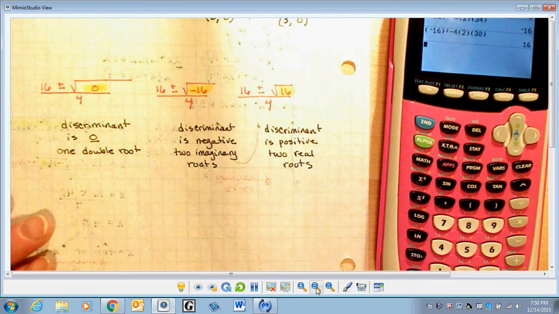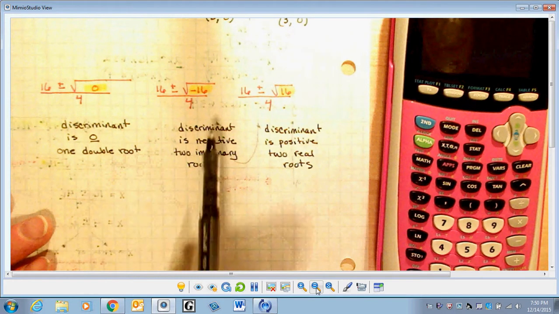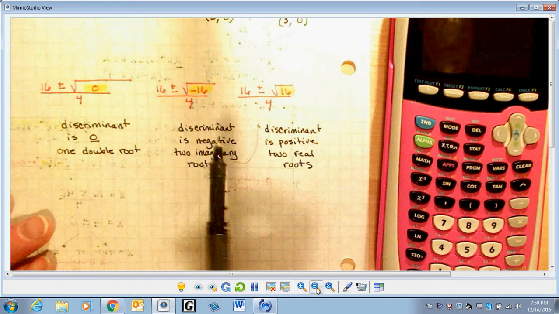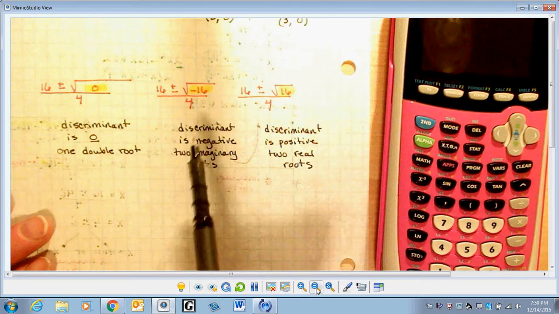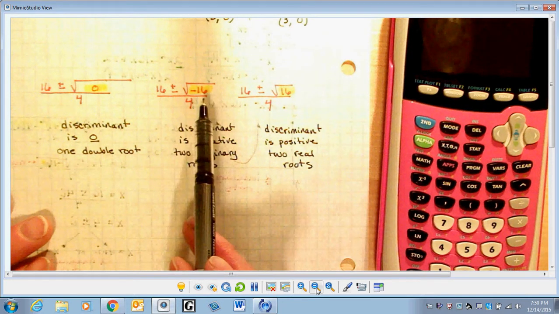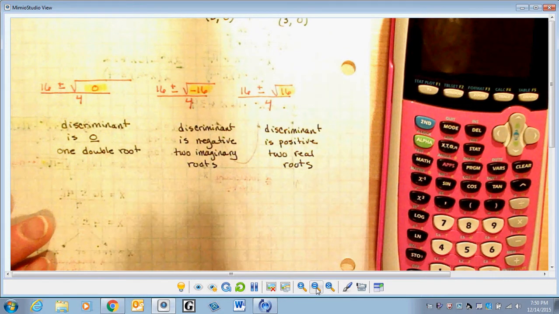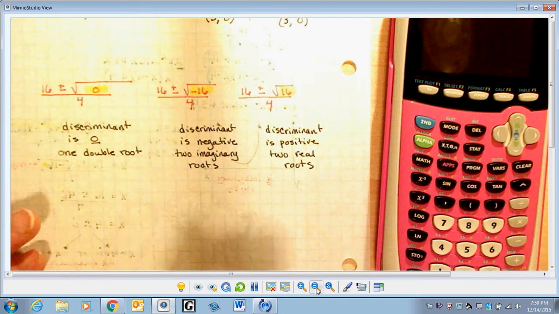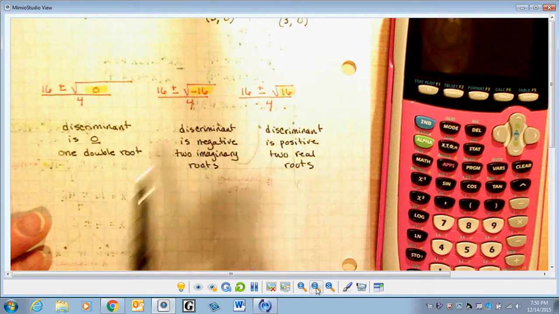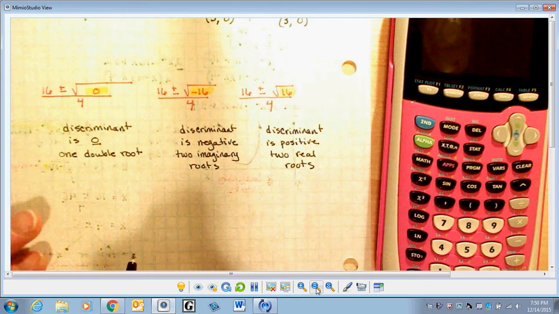How many roots does it have? Are they real or are they imaginary? If the discriminant is negative, they may not even give you a number. So you need to understand this concept, if nothing more, that the discriminant is underneath that square root, and you can try to think it through that way. So that's the value of the discriminant. It tells you how many real or imaginary roots.